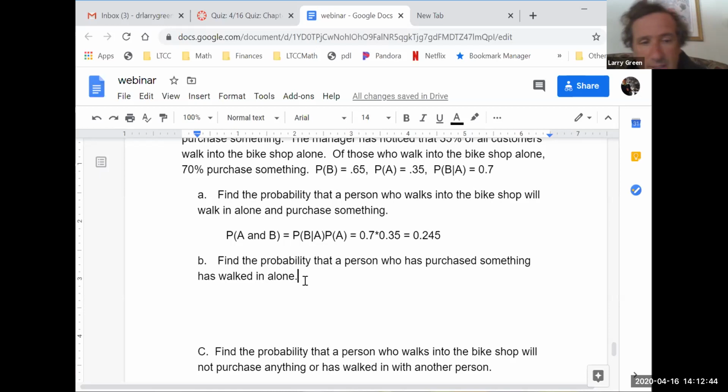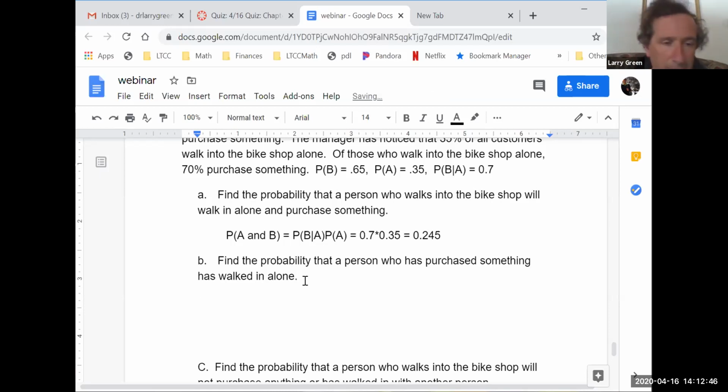Part B. Find the probability that a person who has purchased something has walked in alone. What is that? That's P of what?